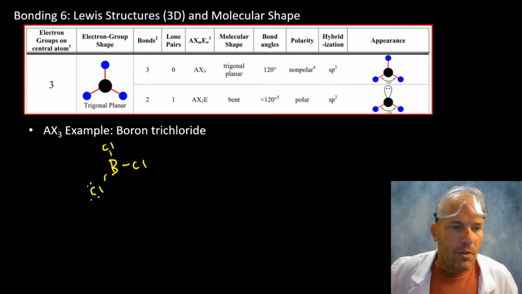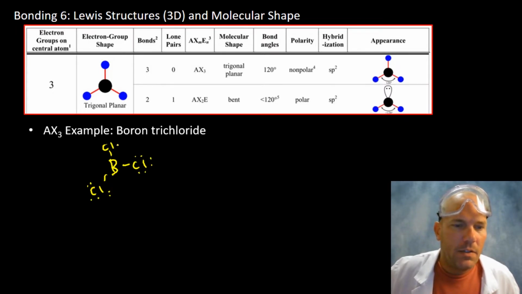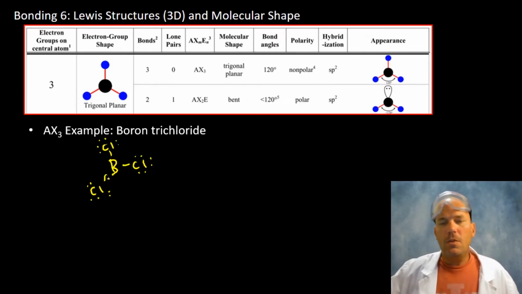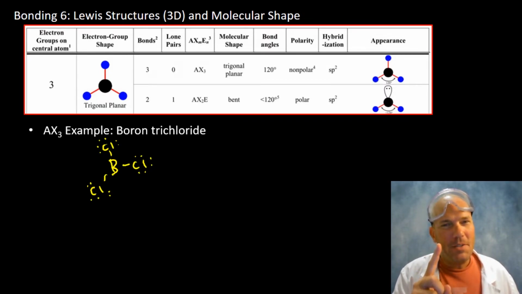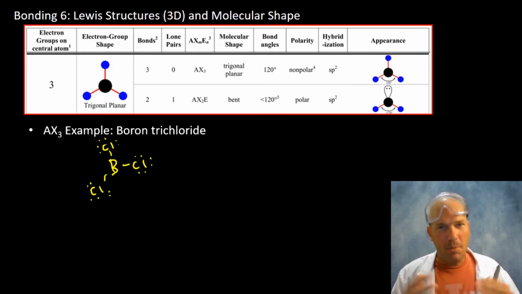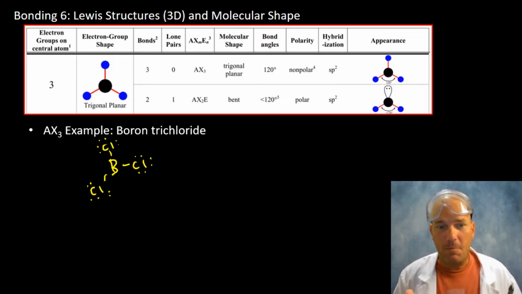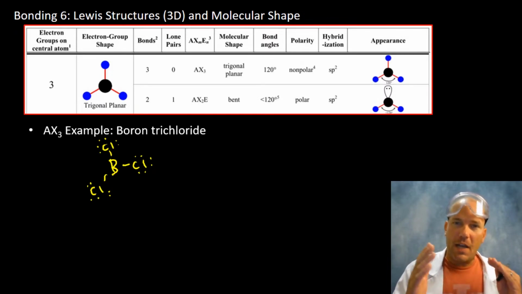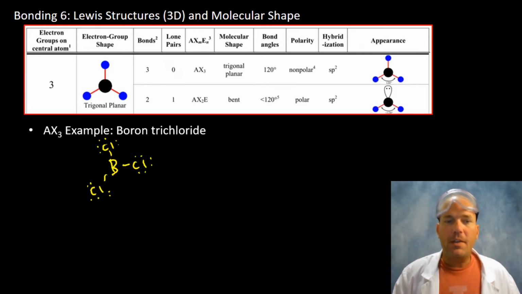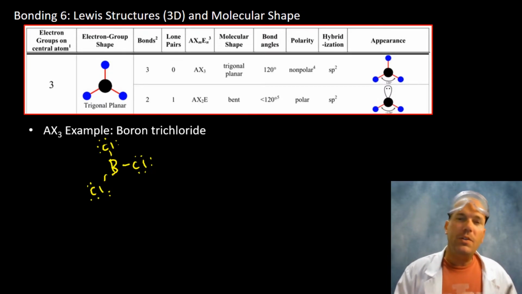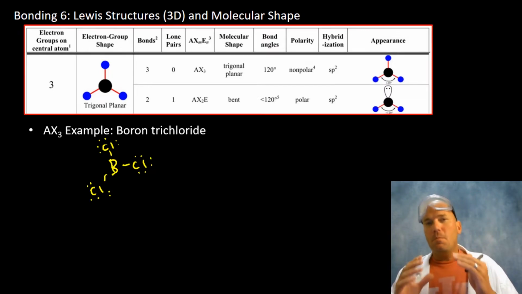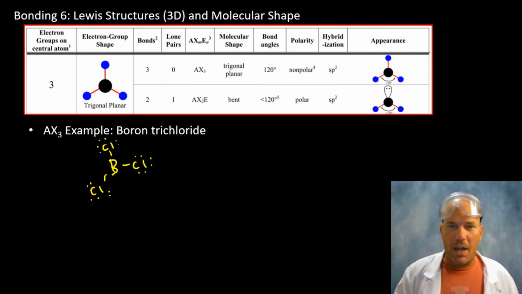Okay, now I'm going to add my leftover valence electrons to the outer species to satisfy the octet rule. And again, boron was one of those exceptions. Boron will have an incomplete octet like beryllium, and many times aluminum will. Formal charges on this structure show that this is the correct Lewis structure for boron trichloride.